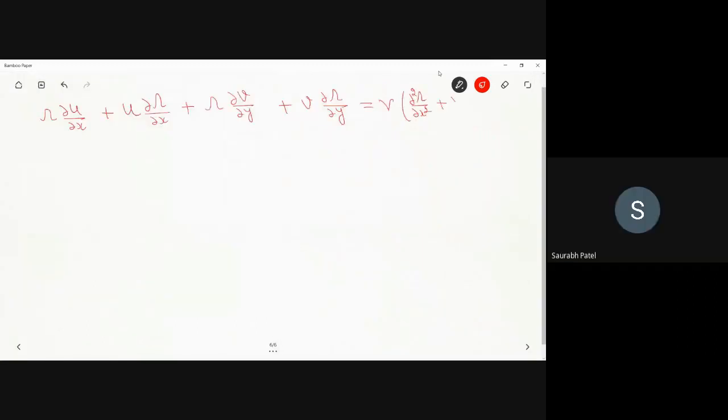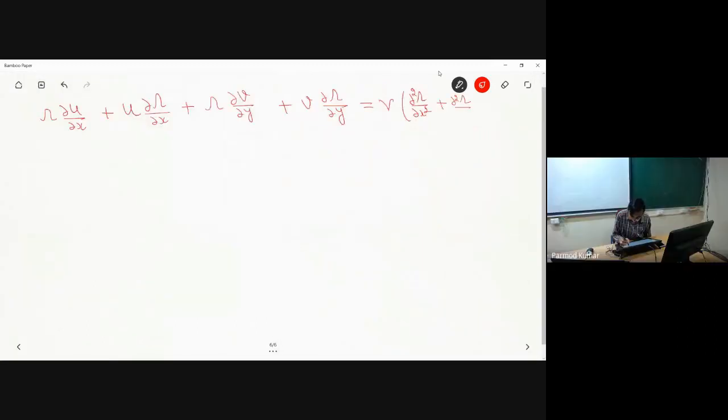So del square omega by del y square. Okay. Now I will be doing the substitutions of u and v with our psi. What will I get if I substitute with psi? u is nothing but del psi by del y. So it will be omega times del square psi divided by del x del y.